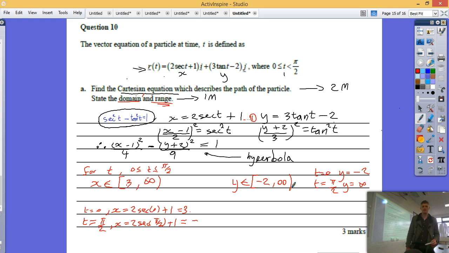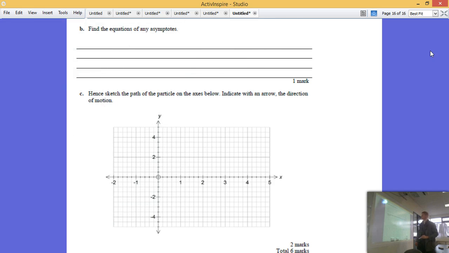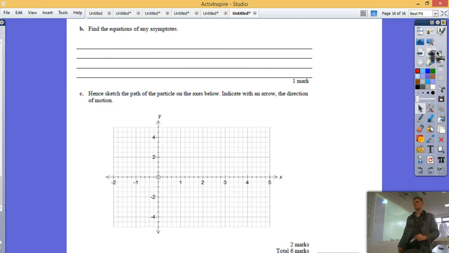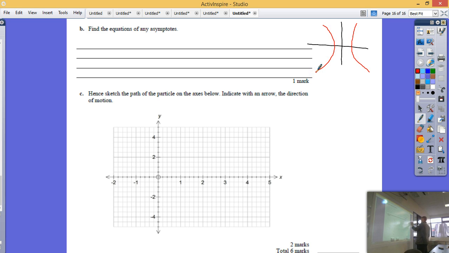Alright, so domain and range are stated, and we've got our Cartesian equation being a hyperbola. Find the equation of an asymptote. Now, if I remember, asymptotes are the part where the hyperbola tends to infinity, and they are straight line equations that pass through the center of the hyperbola, wherever that may be, not necessarily the origin.